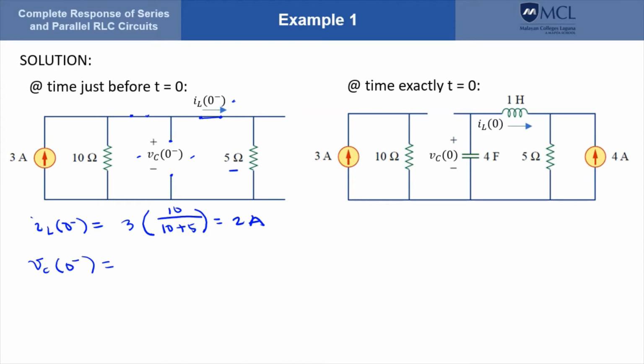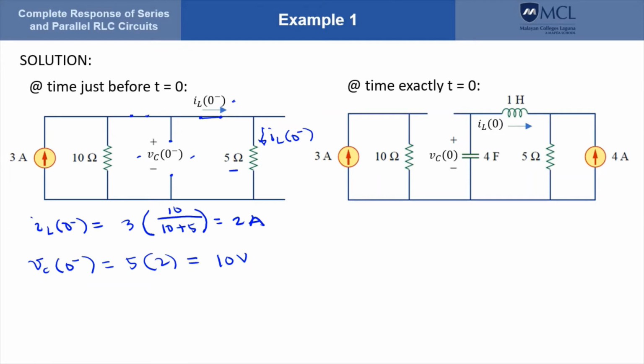And since we already know the current here, the current there is also I sub L at 0 minus. So this would be 5 times 2, and that would be 10 volts.